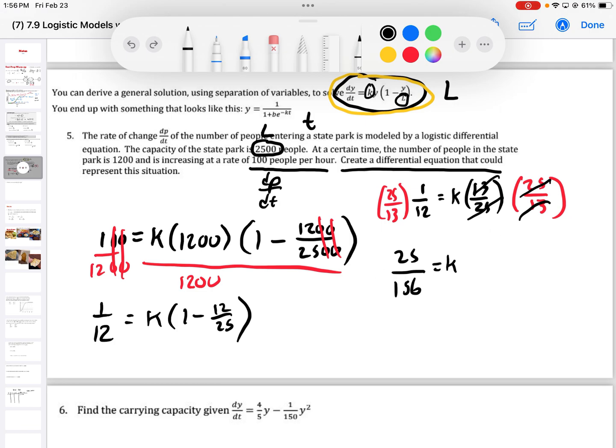All right, we found K. That's not the answer, I'm sorry. All right, so it said create a differential equation. Okay, the differential equation is this, but with a K and an L plugged in. We have our K now.